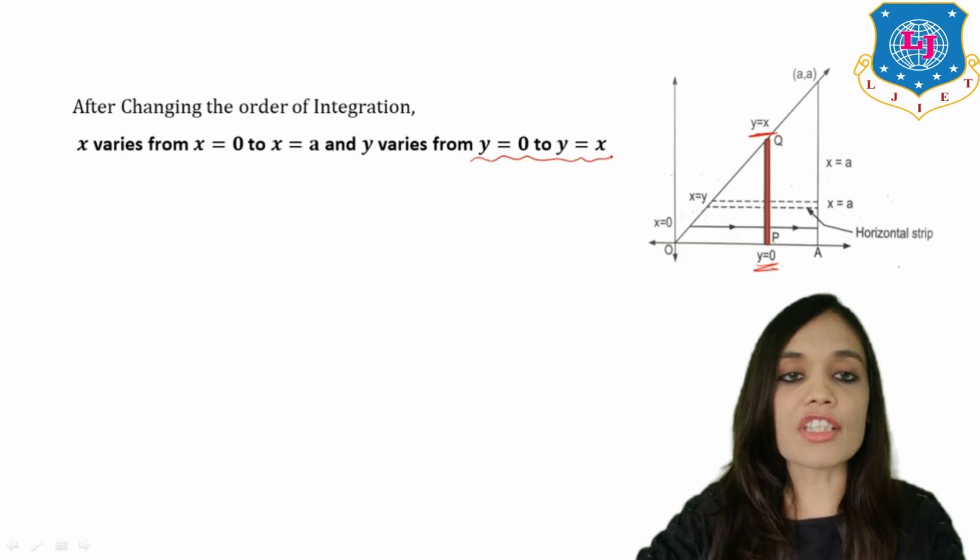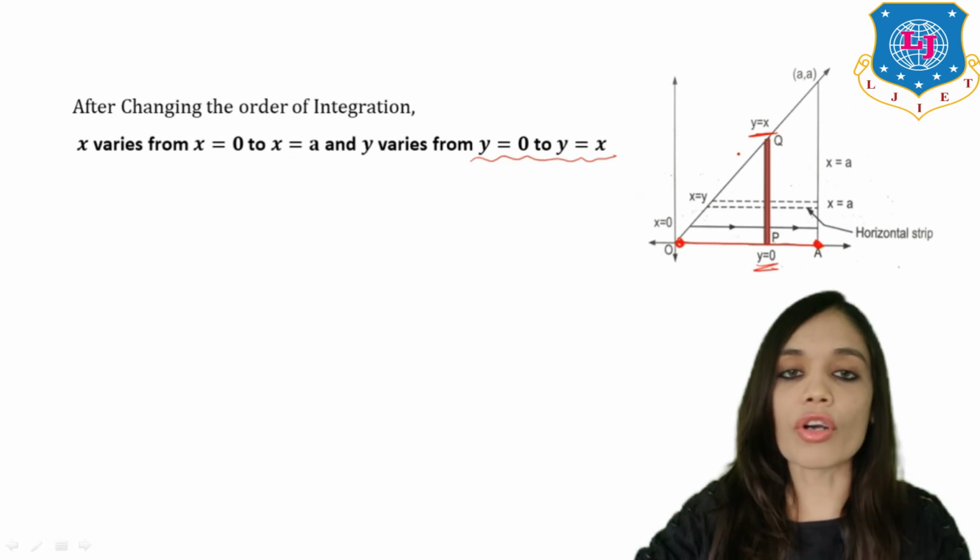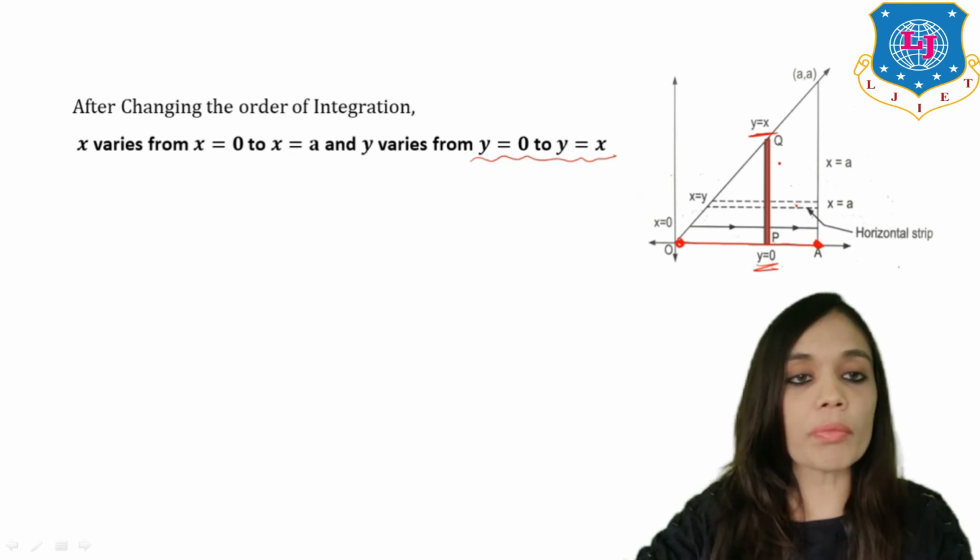Okay, so y varies from 0 to x and our x will vary from 0 to a. Okay, so you have seen that we have changed the order of integration, that is we have moved this horizontal strip to the vertical strip PQ.